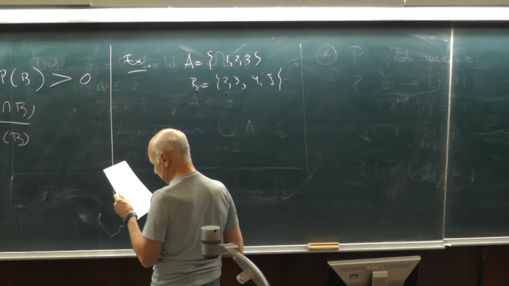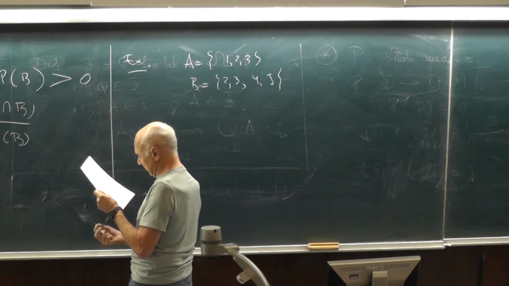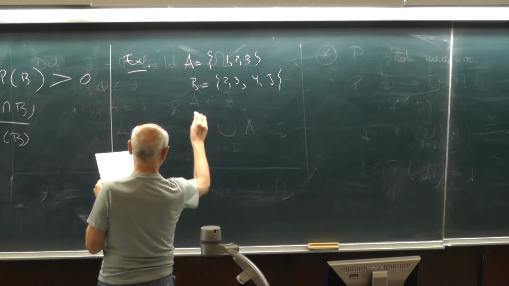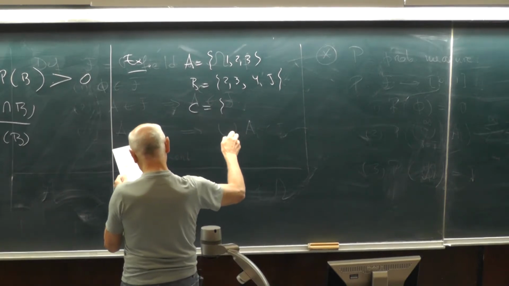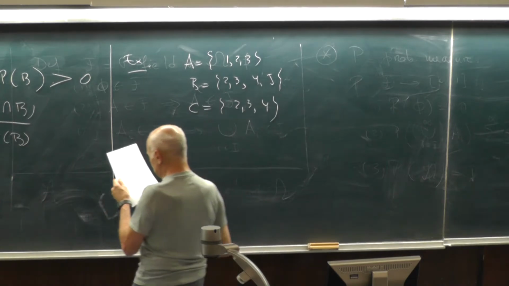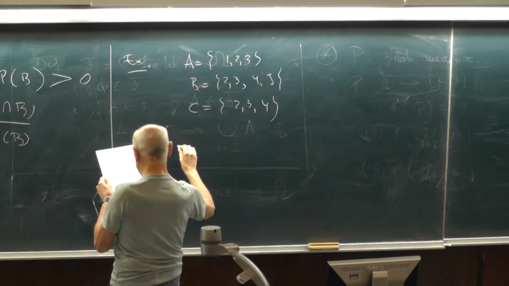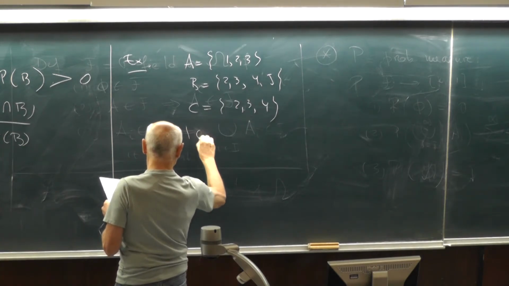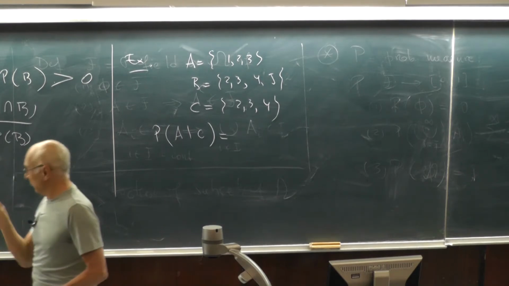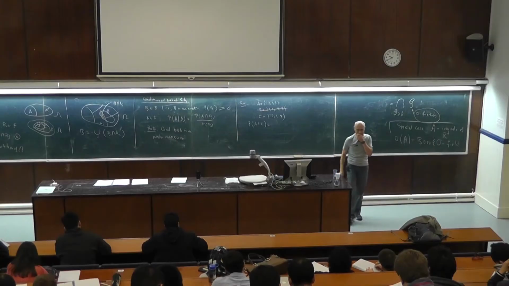And C, we are going to use some of the events later on, is 2, 3, and 4. So the question is to find the probability of A given C. So you can ignore this B event at this time. I'm going to use it later on.